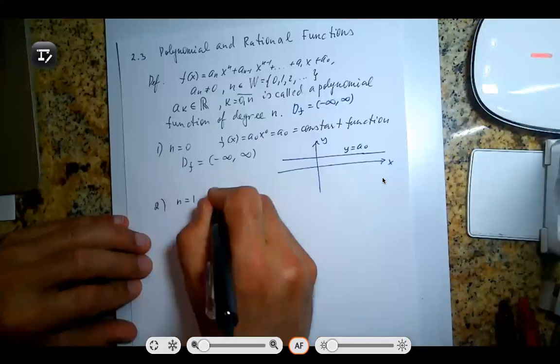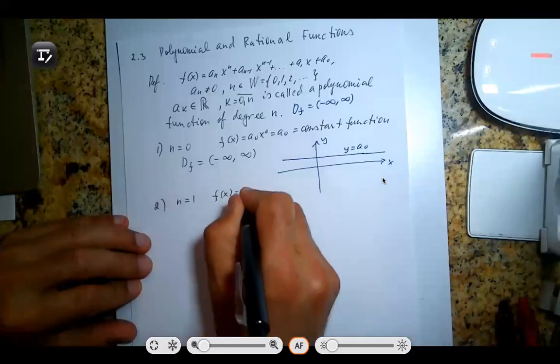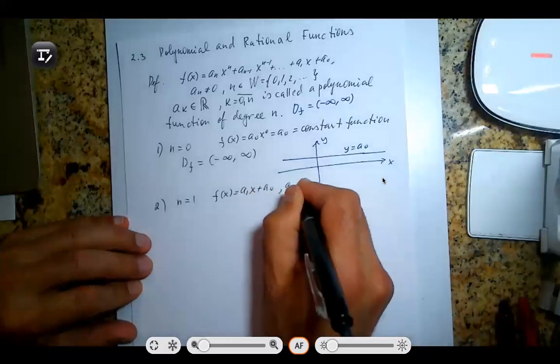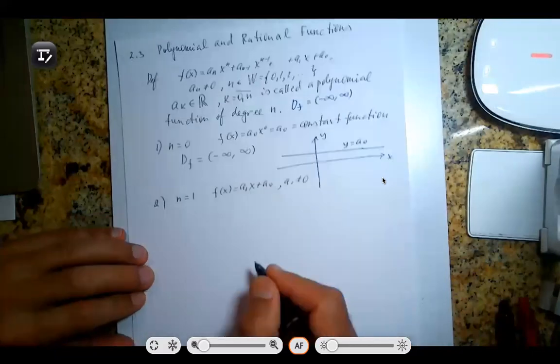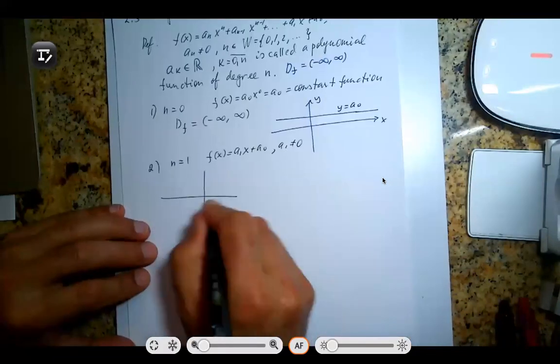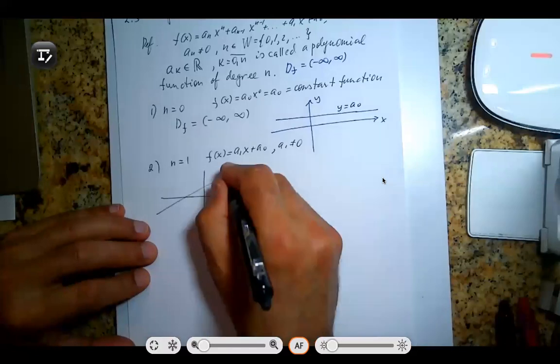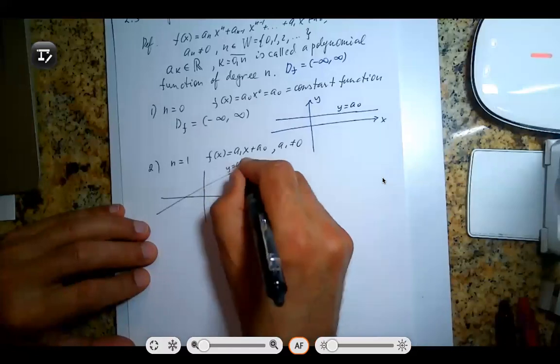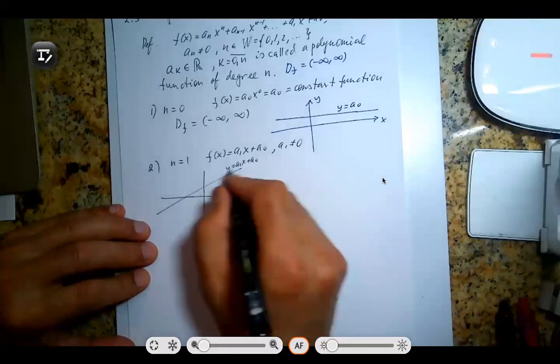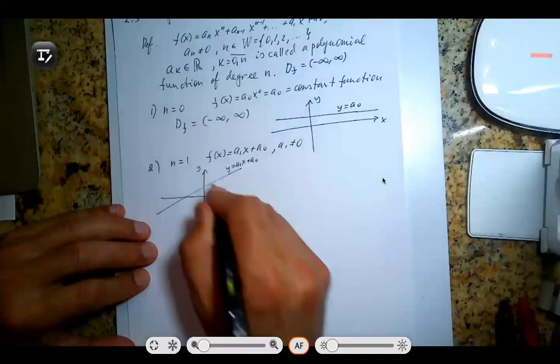Then you get f of x equals a sub 1 x plus a sub 0, where a sub 1 is not 0. It's a straight line, y equals a sub 1 x plus a sub 0. a sub 1 is the slope, a sub 0 is the y-intercept.